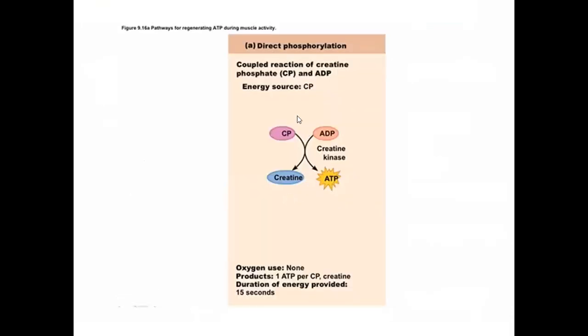So I will show you this summary so that you can understand what I'm talking about. You have creatinine here. Creatinine can be phosphorylated by ATP to form creatinine phosphate and ADP. The enzyme responsible is creatinine kinase. Remember, what does kinase do? A kinase is an enzyme that phosphorylates another molecule.